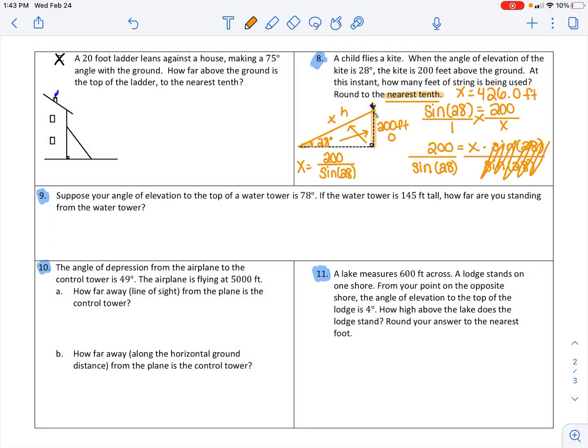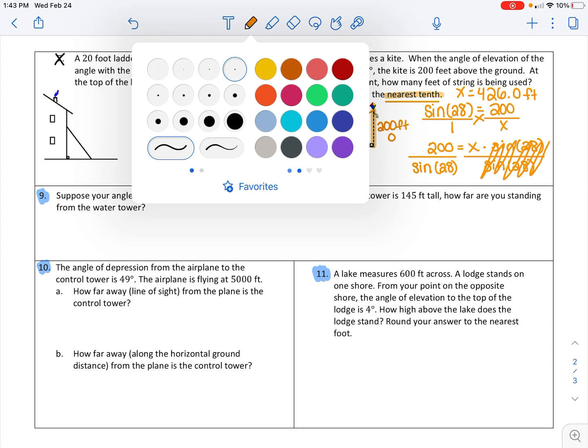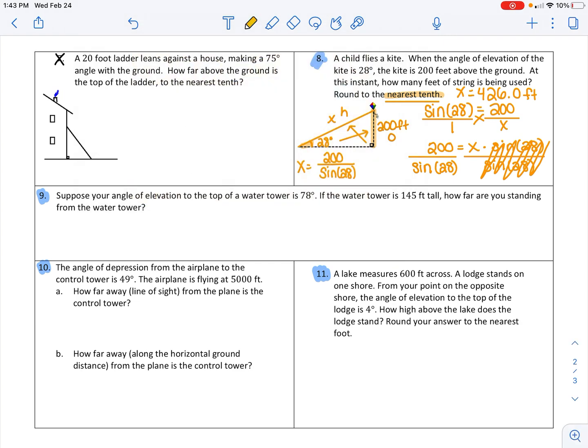Okay, let's look at number 9. With number 9, it says, suppose your angle of elevation to the top of a water tower is 78 degrees. So if you're standing on the ground and you have a water tower here, it says your angle of elevation, so from you to the top of that water tower, is going to be 78 degrees.